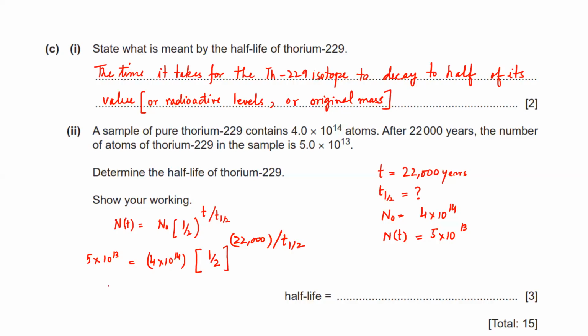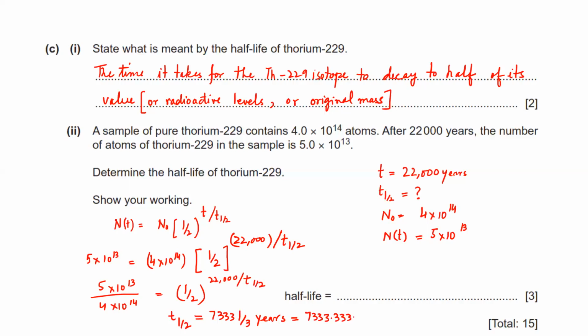So 5 into 10 to power 13 divided by 4 into 10 to power 14 equals 1 by 2 to the power 22,000 divided by t half. Taking log on both sides, t half comes out to be 7333.333 years.